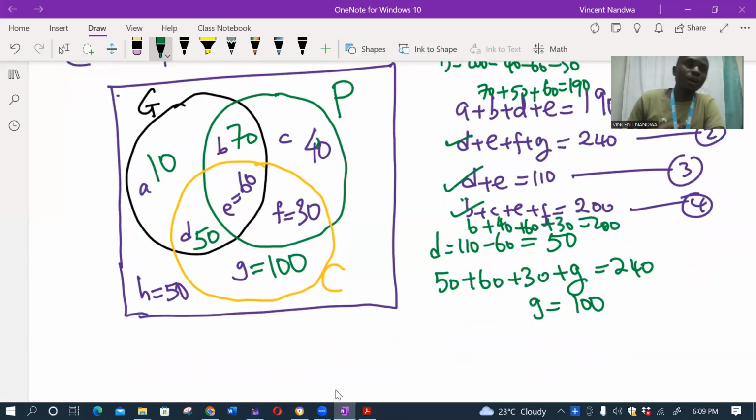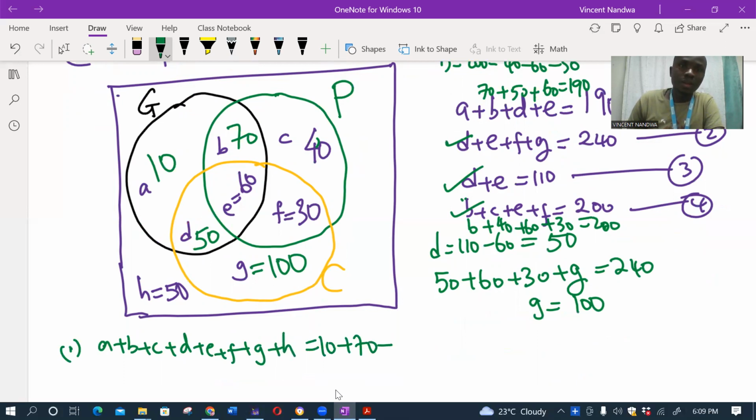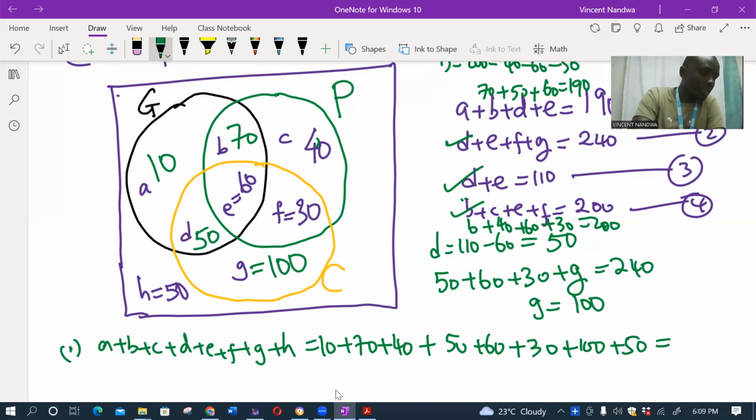So the total number will be A plus B plus C plus D plus E plus F plus G plus H, which is 10 plus 70 plus 40 plus 50 plus 60 plus 30 plus 100 plus 50. If you add all this, you should get 410.